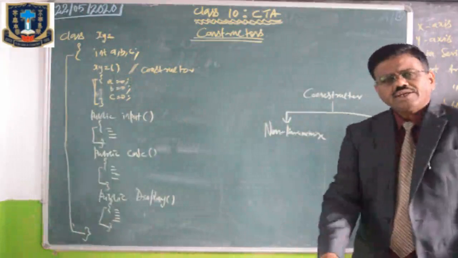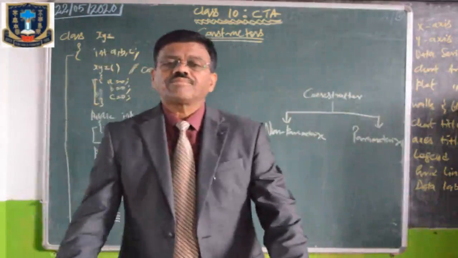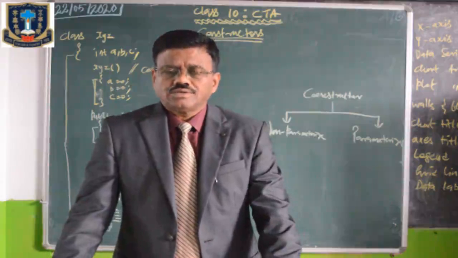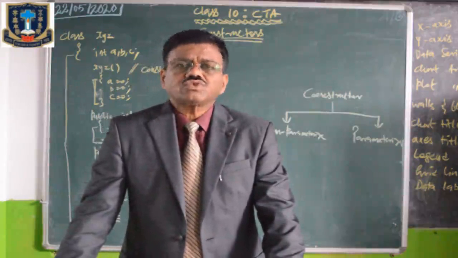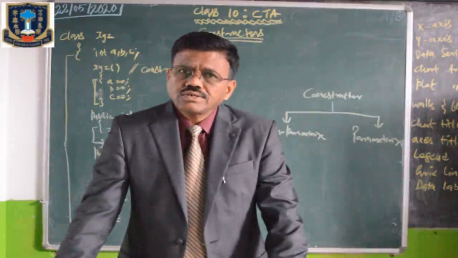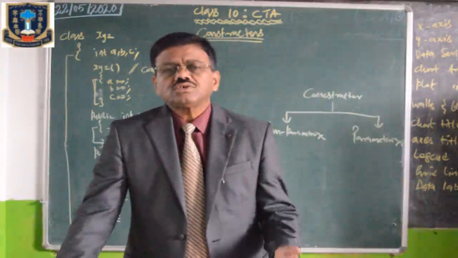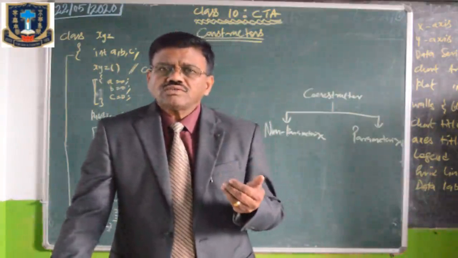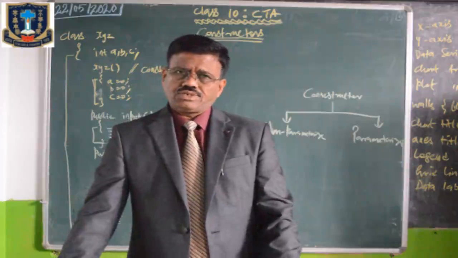I repeat again, boys and girls, for the last time. A function having the same name as your class is known as a constructor. Why do we require the constructor? To give the legal initial value of your data members.